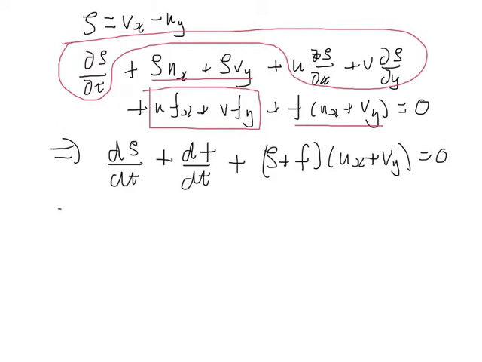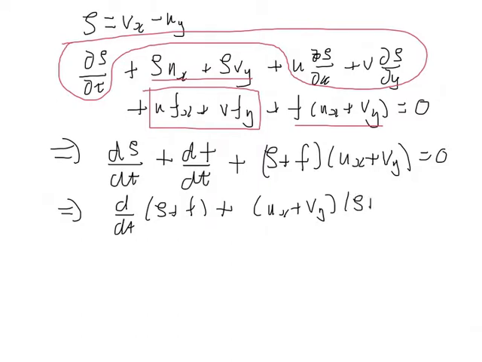Right? In other words, we've got the total derivative of (zeta plus f) plus (ux plus vy) times (zeta plus f) is equal to 0. So we actually have a nice equation for the quantity zeta plus f.